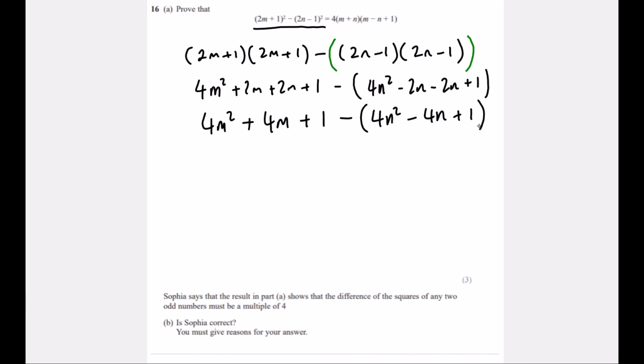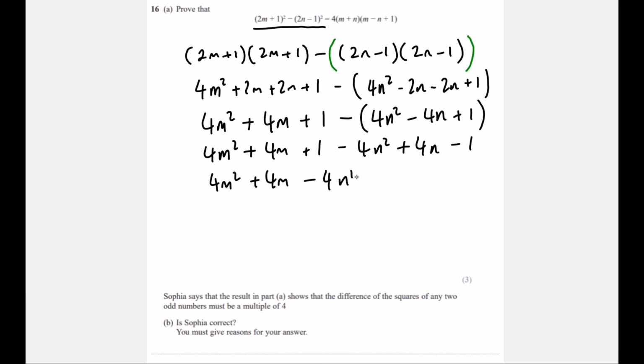Now let's take away all of the terms in the second bracket. So 4m squared plus 4m plus 1 minus 4n squared minus minus, so plus 4n minus 1. And that leaves us with 4m squared plus 4m plus 1 minus 1 cancel out.